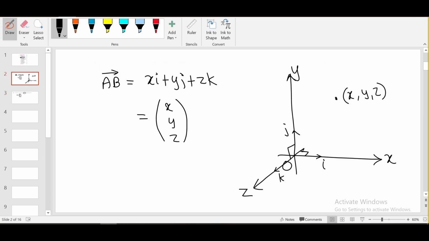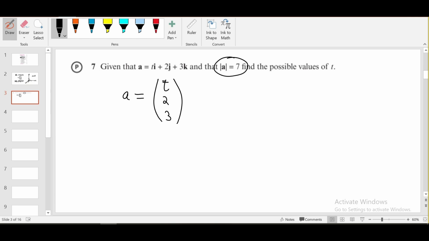You see, here, if you want to find the modulus of the vector, same like a 2D vector, you take the square root of x square plus y square plus z square. Usually for 2D you put x and y, right? For 3D you need to add z square also. You understand this? So here modulus A is equal to 7.